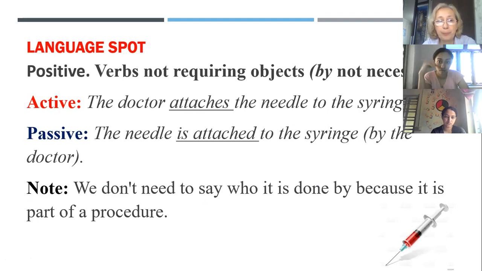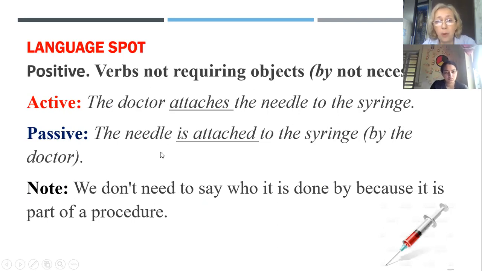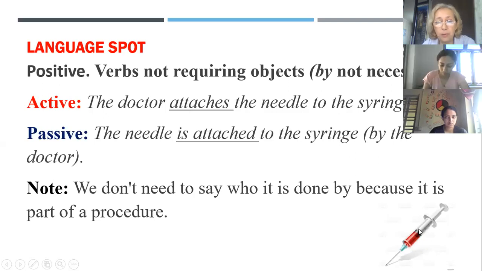So let us look here. Here we have examples of positive sentences, with verbs that do not require objects. By is not necessary here. The active voice sentence says, the doctor attaches the needle to the syringe. The doctor does it himself. And this is the syringe, as you remember. This is active voice, attaches. In the passive voice, the needle is put at the beginning of the sentence.